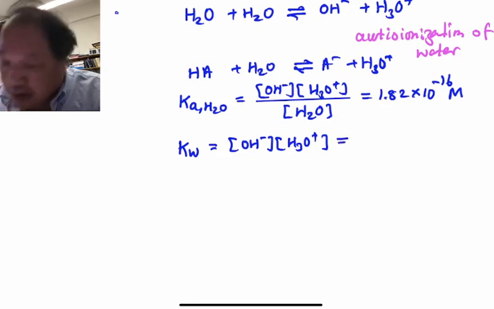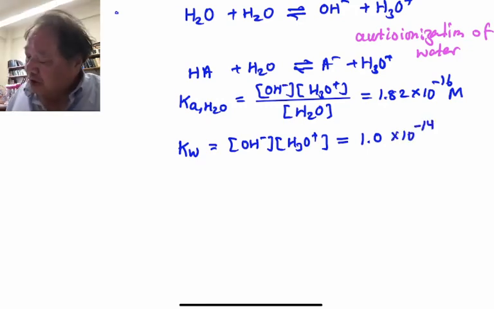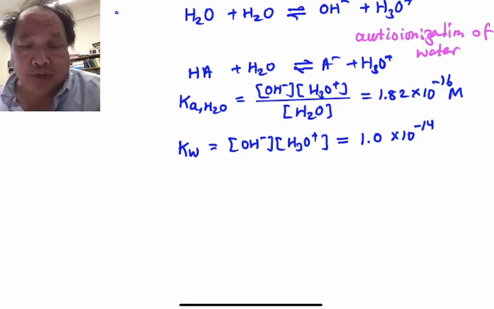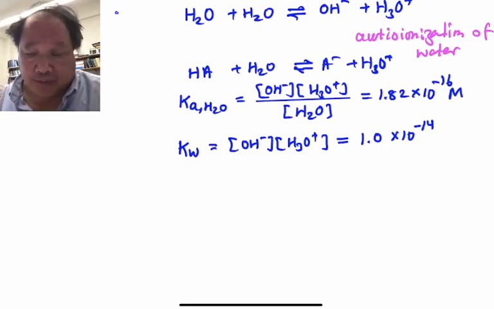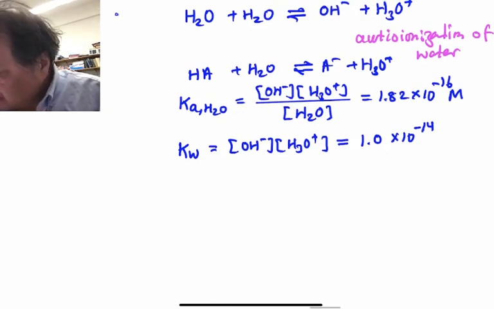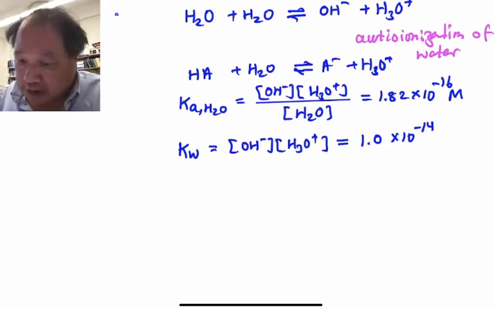We just factor that in, and we get the answer that Kw is 1.0 times 10 to the minus 14 molar, and that is the number that is typically used. So it's a very weak acid, but it can act as an acid, and we'll consider a problem where it's acting as an acid.